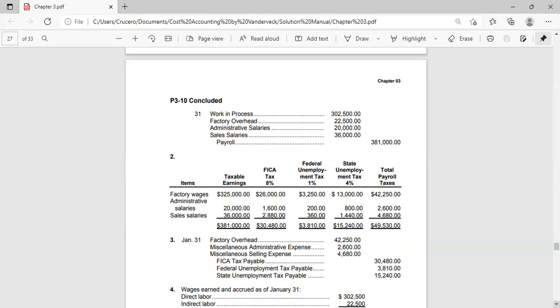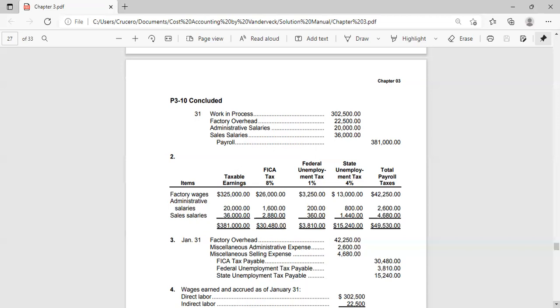Now take note that the debit to work in process will summarize the payroll costs that you have entered each week. So for requirement number 2, compute the previous form to show the payroll taxes imposed on the employer for January.